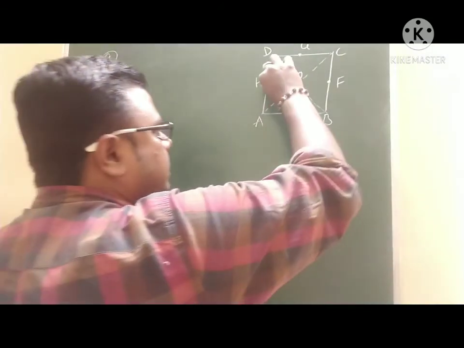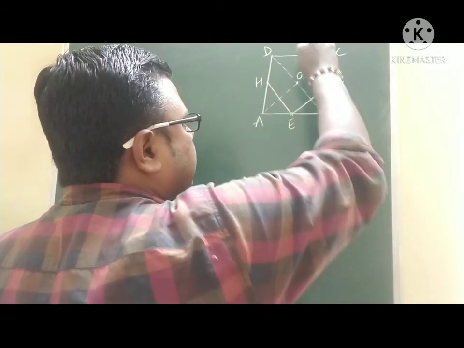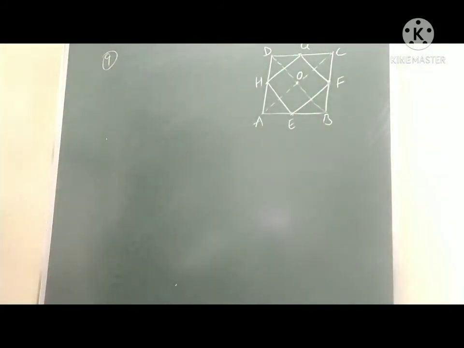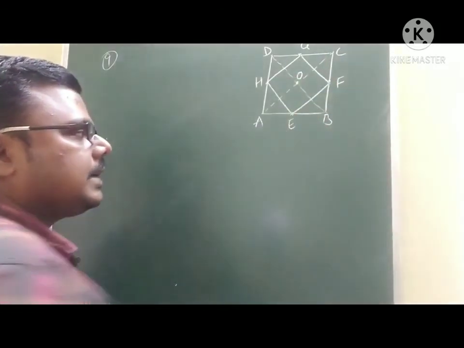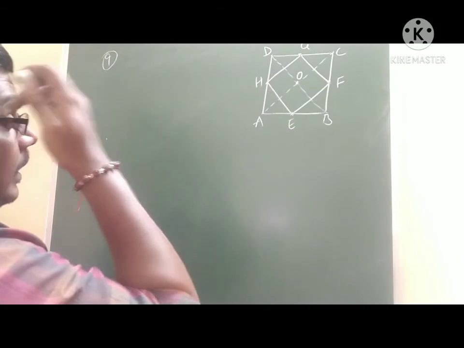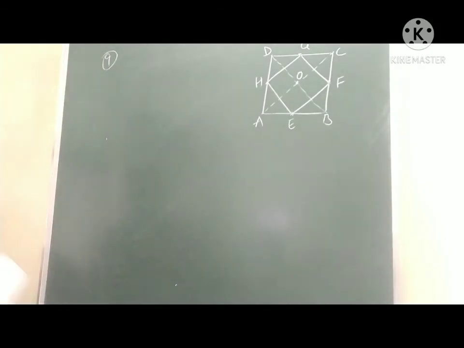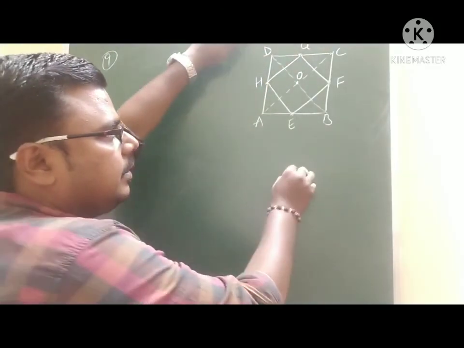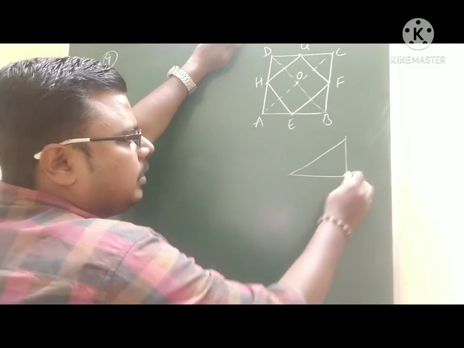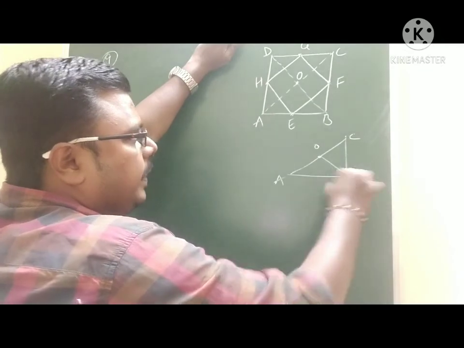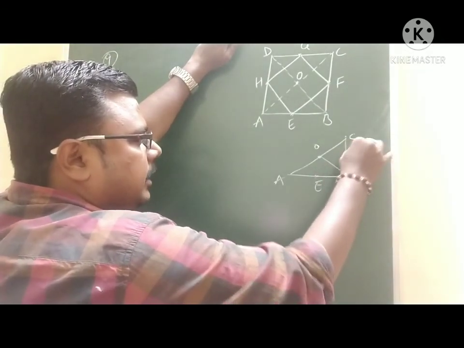Now if I join this, what figure will I get? As of now, whatever it may be, we are getting a quadrilateral. We are supposed to prove that this quadrilateral EFGH is a square. As per the midpoint theorem, if I take this half of the triangle, I can get a rough diagram like this: A, C, O, B, and here E and F are the midpoints of the sides.